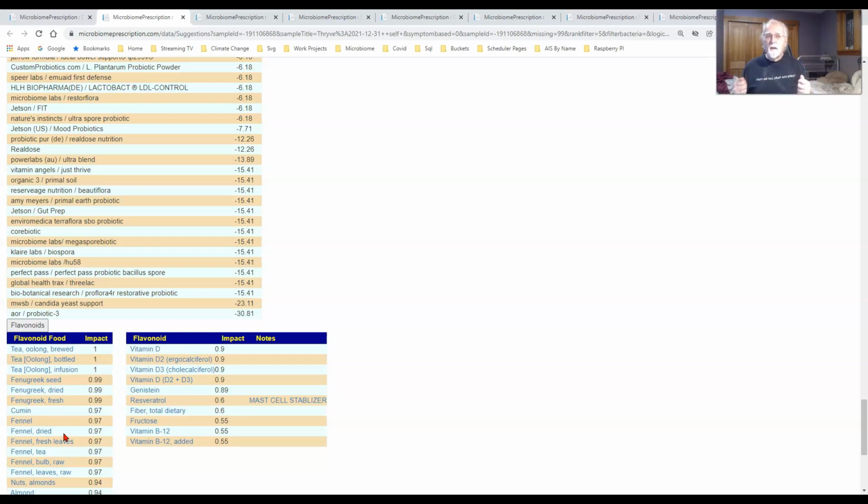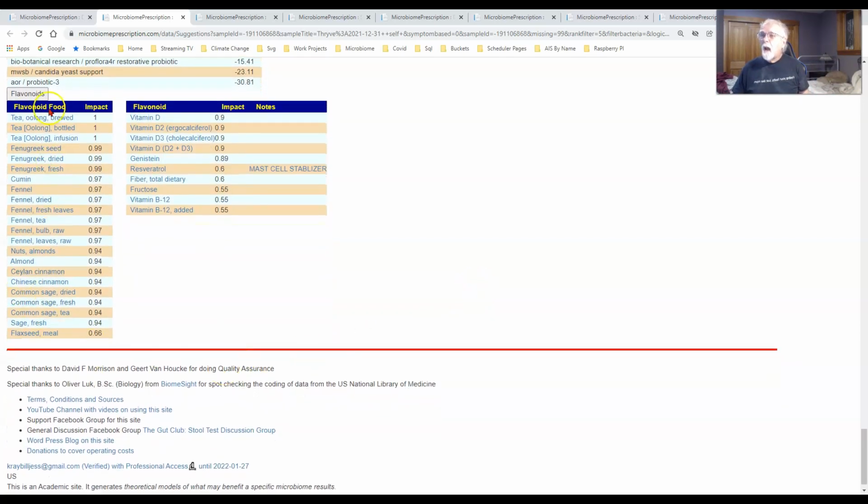There are many studies of bacteria and the response to flavonoids. A lot of the time people say, okay, that's a flavonoid, but I have no idea what food it is in. So down here we have the flavonoids, things which are food which will have a positive impact, in terms of food groups. Makes it easy to start working on diet.